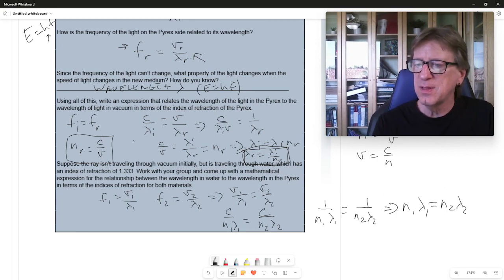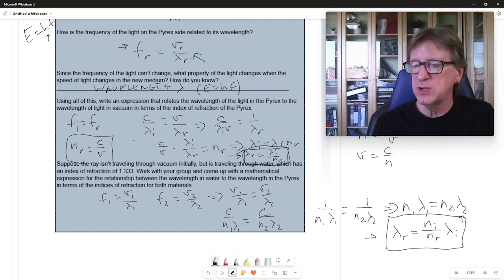So let's solve for the wavelength in Pyrex. I want to get lambda 2 by itself so that it matches this form that I have here. All I need to do then is say that lambda 2, which is in my refracted medium, must equal, divide both sides by N2, N1 over my refracted one times my incident right here, which was 1. 1 was my incident and 2 was my refracted.